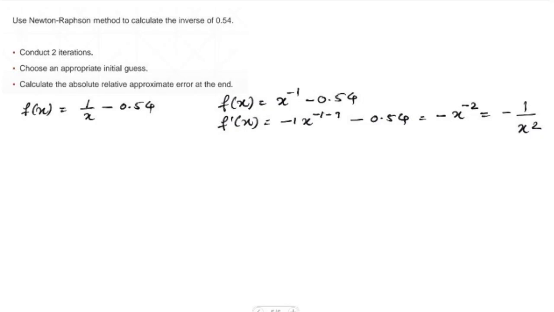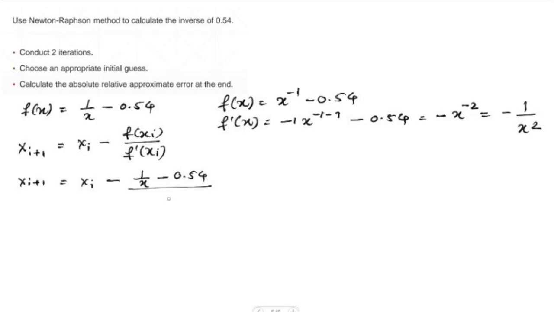Now we can use the Newton-Raphson method formula, which is x of i plus 1 is equal to xi minus f of xi divided by f dash xi. If you plug in our function and our function derivative, we have x of i plus 1 is equal to xi minus 1 over x minus 0.54 divided by minus 1 over x squared.